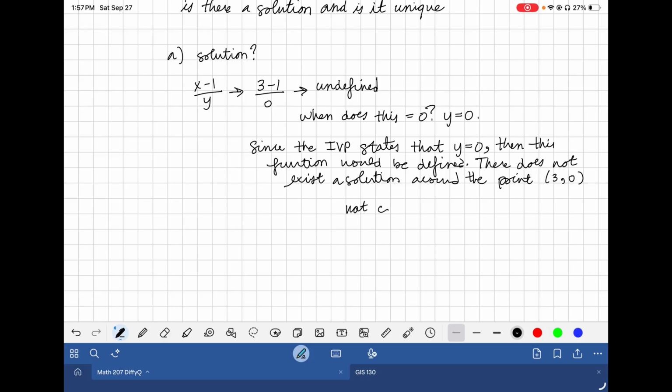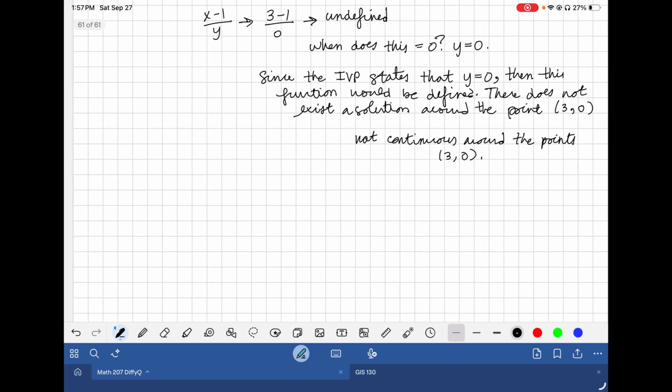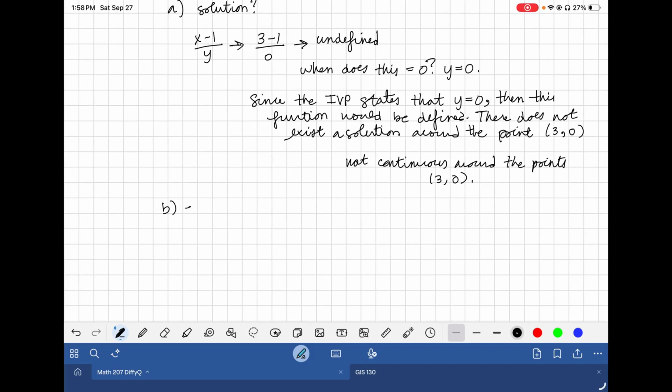It is not continuous around the points 3, 0. So now we move on to the question of, is it unique? And so for this, we can look for this based off of using partial derivatives with respect to y and also using the quotient rule.